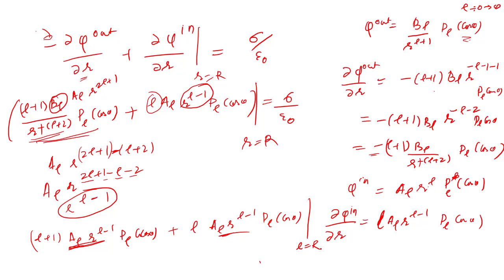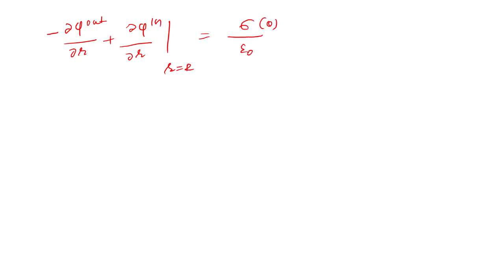So then we can write this entire condition only in terms of AL. Essentially what we did was apply the boundary condition minus dou phi out by dou r plus dou phi in by dou r at r equal to R is sigma of theta by epsilon naught. We took the derivatives, we plugged in r equal to R, and we used the relationship from phi being continuous, the potential being continuous.